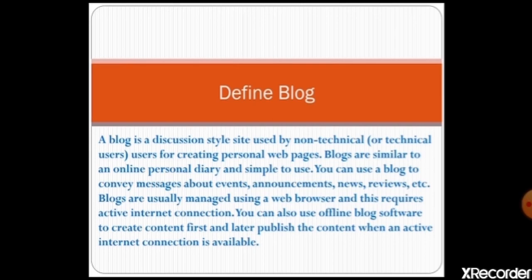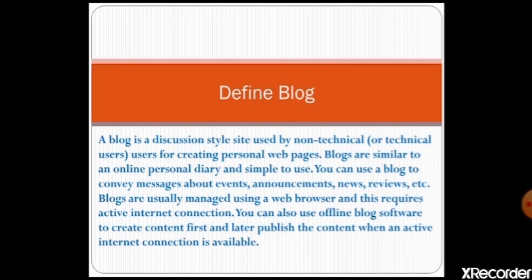Blogs are basically similar to our personal diary, where we maintain each and everything of our life. In the same manner, if we want to share our thoughts, any news, any moments with others, we create a blog.